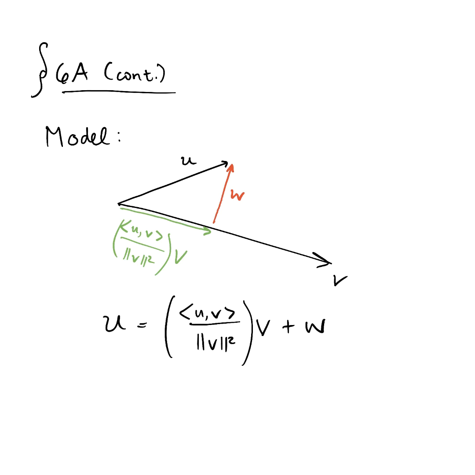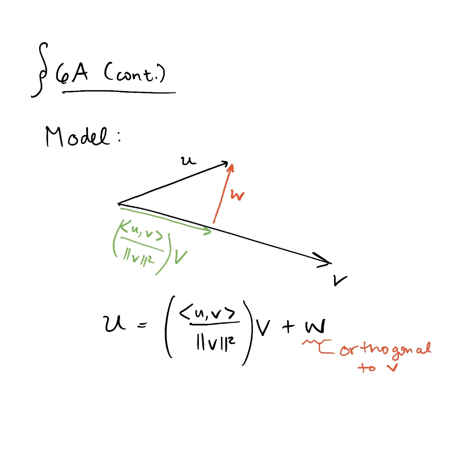And the key thing is that w is orthogonal to v, and therefore also orthogonal to the green piece, because the green piece is just a scalar multiple of v.